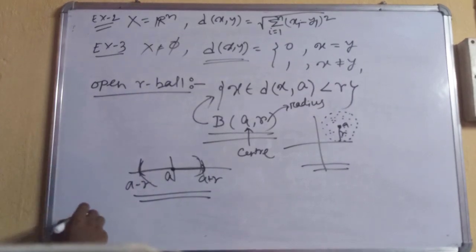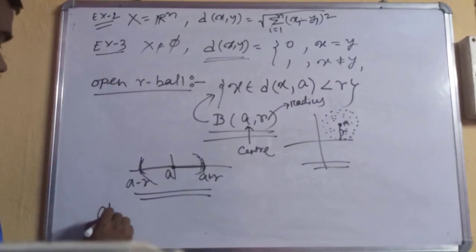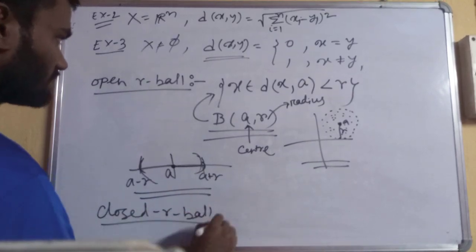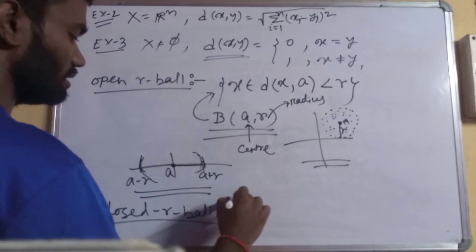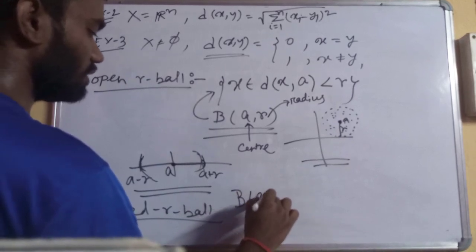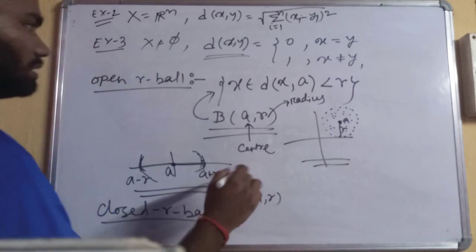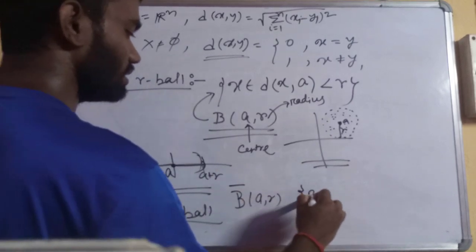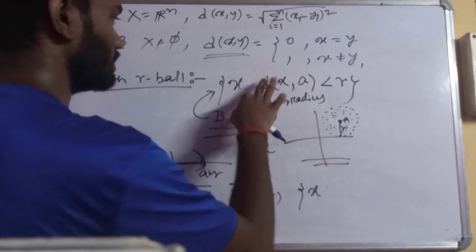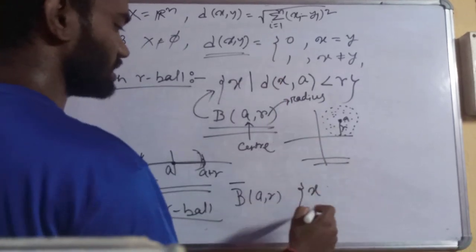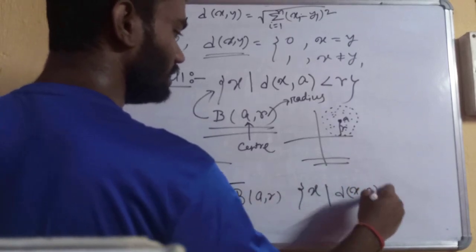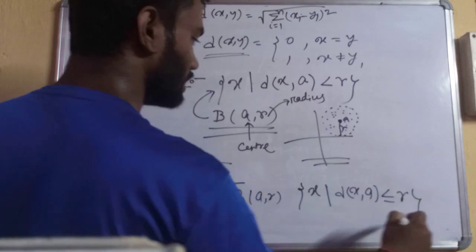Now similarly, what is a closed r-ball? Similarly, it is denoted by B-bar(a,r) and defined as the set of x such that d(x,a) is less than or equal to r.